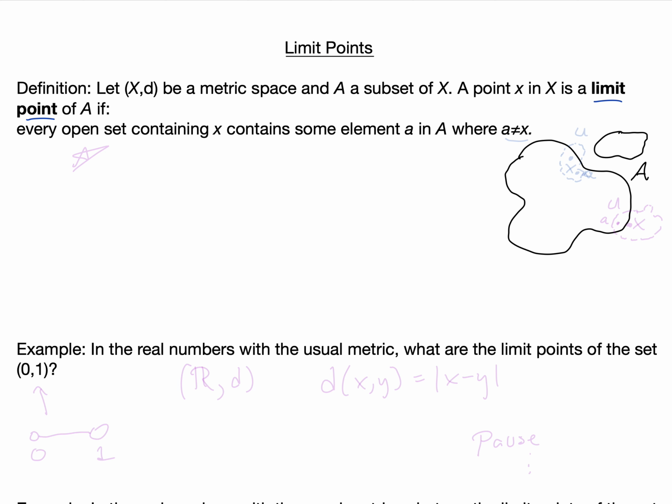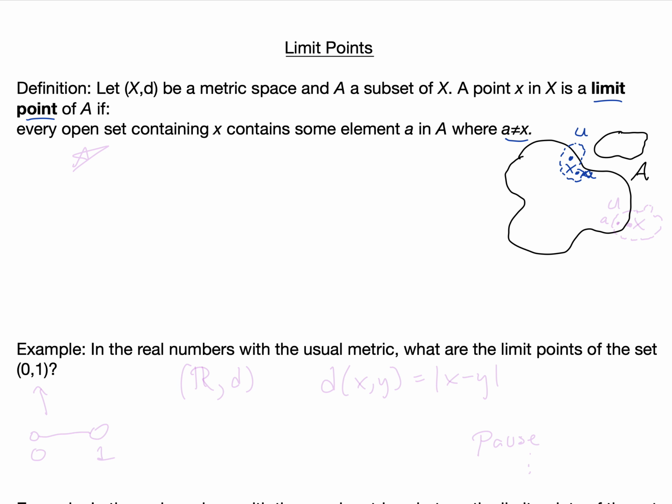So suppose that A is that squiggly set we see over there. This one happens not to be connected. So it's saying that a point x is a limit point of A if every open set U containing x also contains some other element a that is in the set A, where a is not equal to x. So our picture might look like that. We have this open set around the point x.